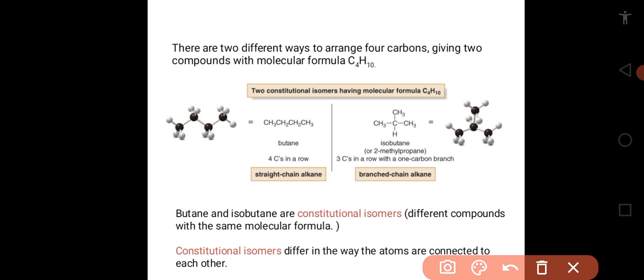The only difference is the way the atoms are connected. Constitutional isomers show a difference in the connection of the atoms among themselves.